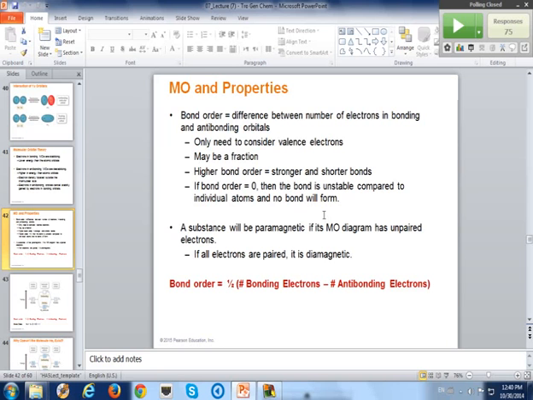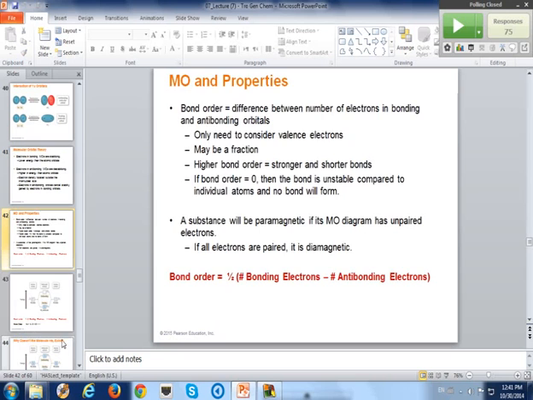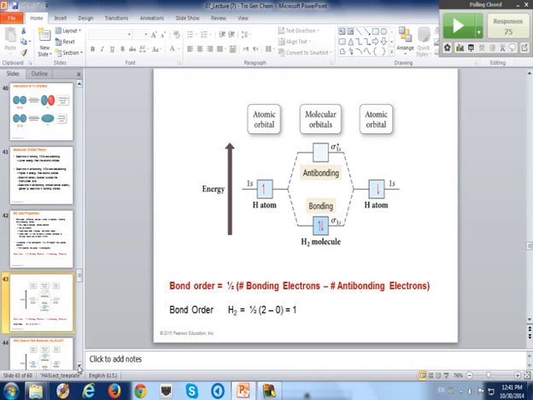Okay, if the bond order is 0, then this suggests an unstable bonding between the atoms. Right? In terms of magnetic properties, a substance will be paramagnetic if the molecular orbital diagram has an unpaired electron. On the other hand, if all the electrons are paired, then it's diamagnetic.